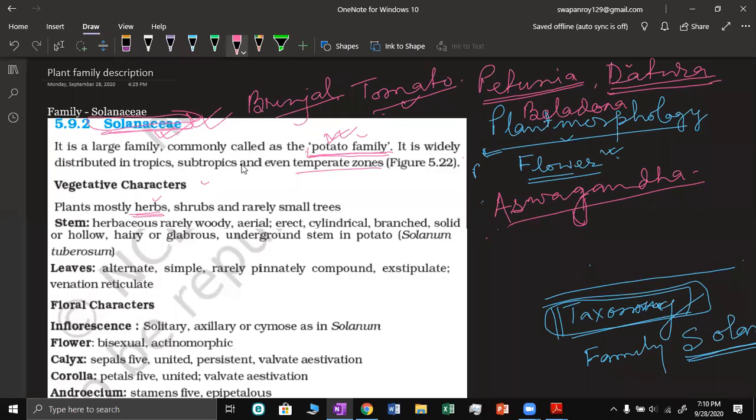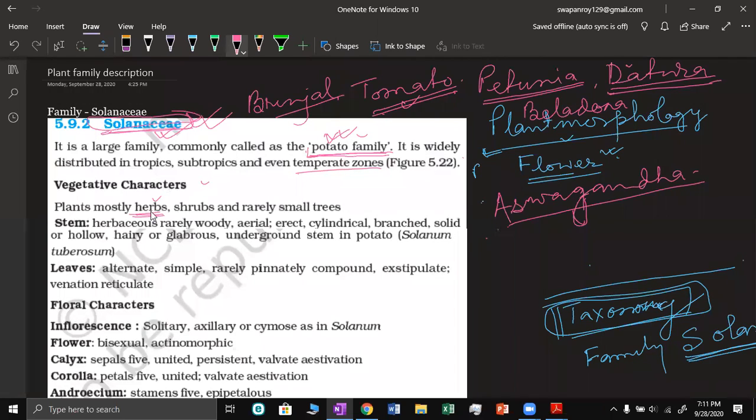You have seen the brinjal plant. This is a weak, small plant. Tomato plants are also very weak. So they are herbaceous, soft plants, and potato is also.